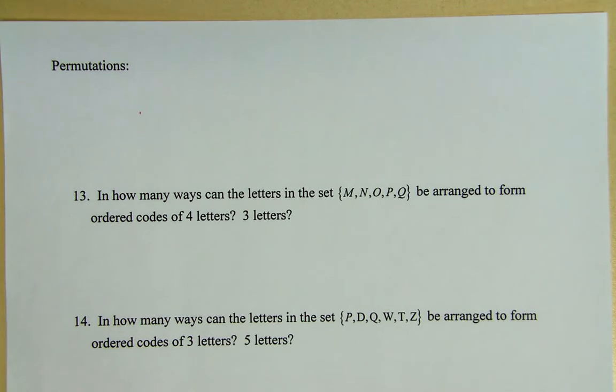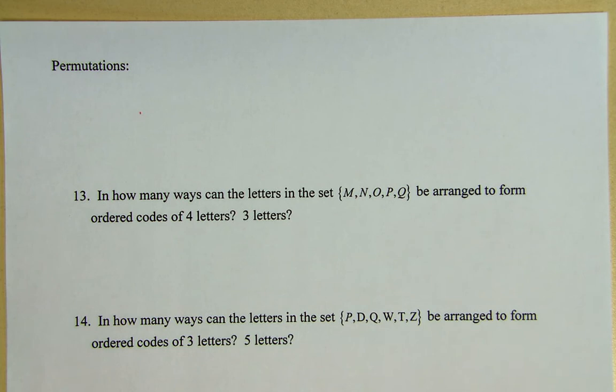Alright, so now you notice we get to the part where it says permutations again. Well, what does this mean? It just means that we're going to go ahead and talk about permutations when we're not picking everything in the row.